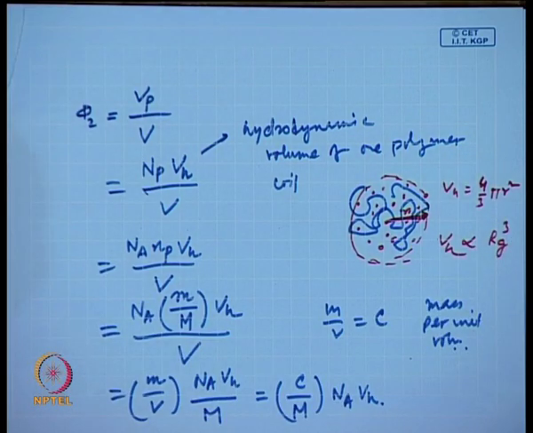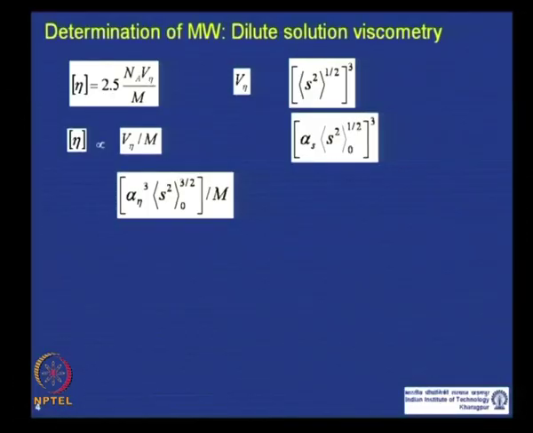So, we can write that VH is proportional to the radius of gyration to the power 3, and the radius of gyration can be written as the expansion factor and the radius of gyration for the arm part of the chain.